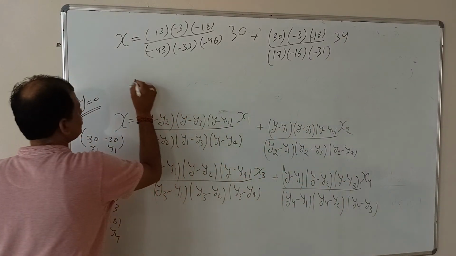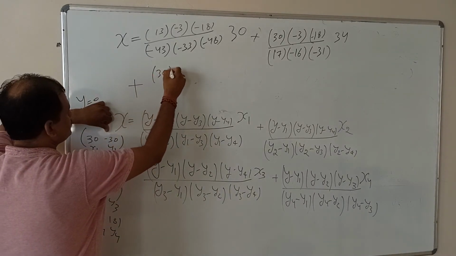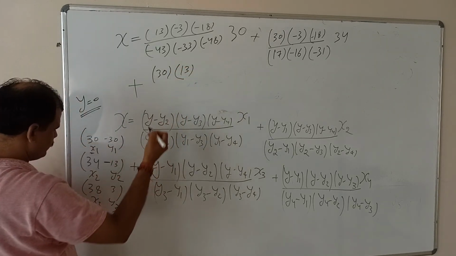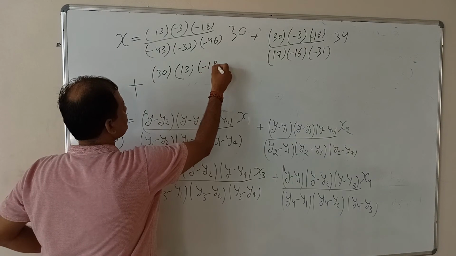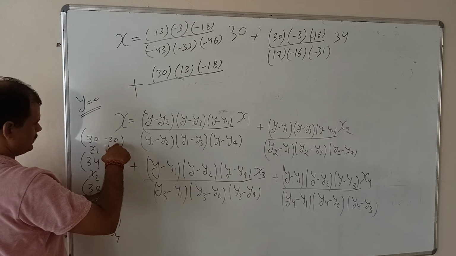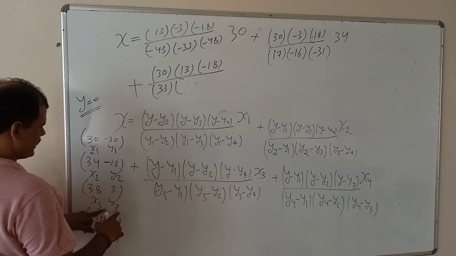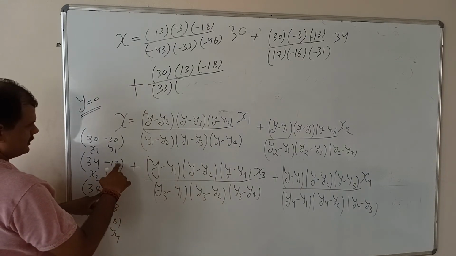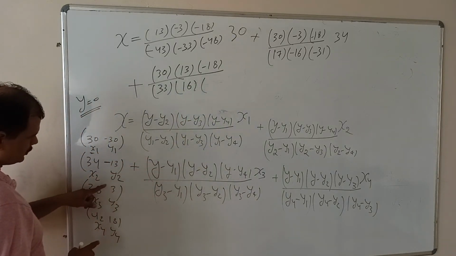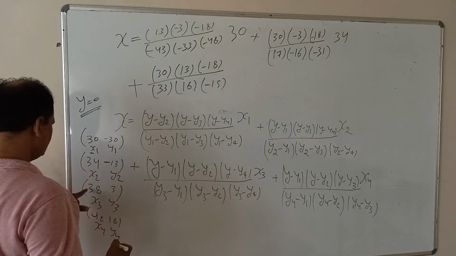Fine, plus the third term. y minus y1, so you will get 30, y minus y2 we get minus 13, y minus y4, so we get minus 18, divided by y3 minus y1, so 3 plus 30, that is 33, and y3 minus y2, so 3 minus 13, and y3 minus y4, so 3 minus 18, minus 15, into x3 is 38.